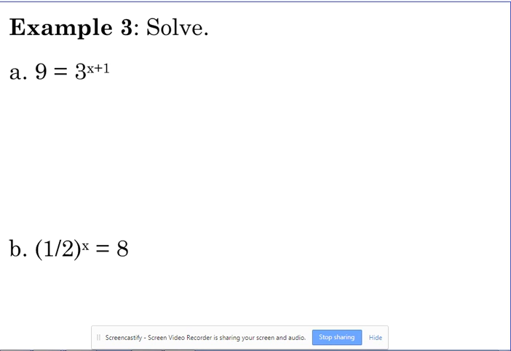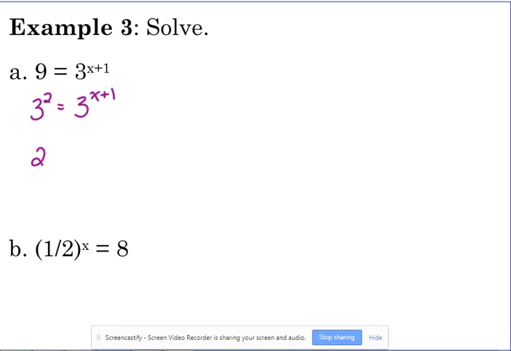Can we rewrite 9 so that it has a base of 3? Yes, we can. Oh, we're so confident. 3 squared is 9, right? Okay, so we rewrite it. So we have the same base on both sides.